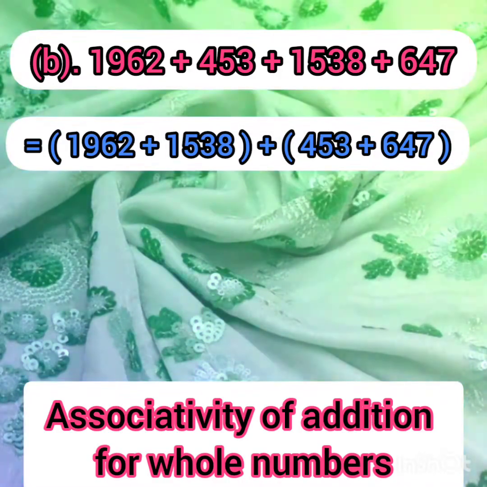Now we will make a group of 1962 with 1538 and 453 with 647.